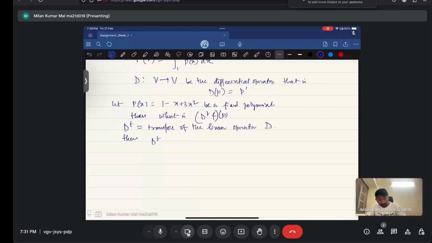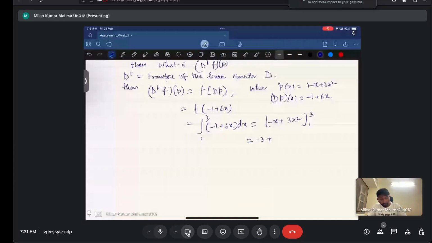So then this will be f of minus 1 plus 6x, which equals the integral from 1 to 3 of minus 1 plus 6x dx, which equals minus x plus 3x square from 1 to 3, which is minus 3 plus 27 minus 1 plus 3, that is 24 minus 2, which equals 22.